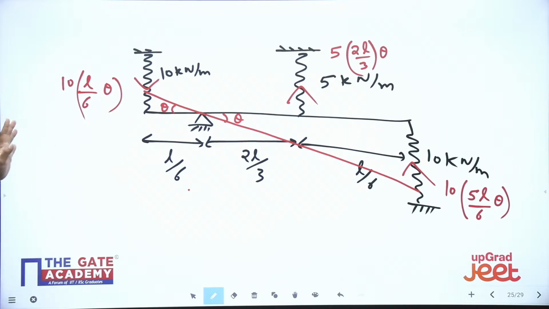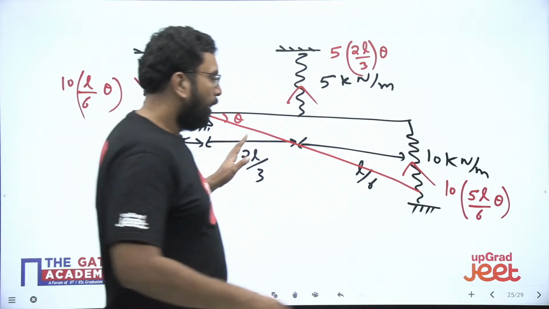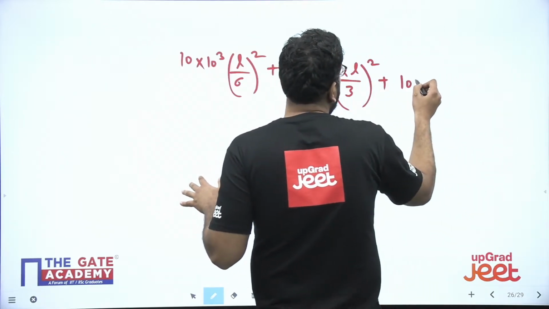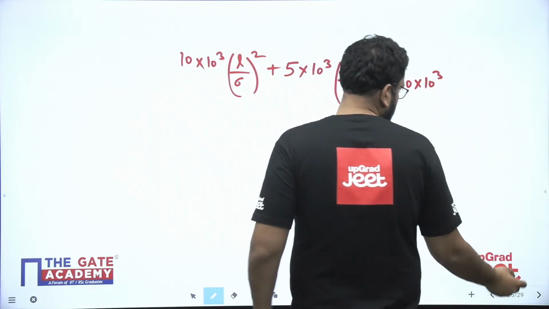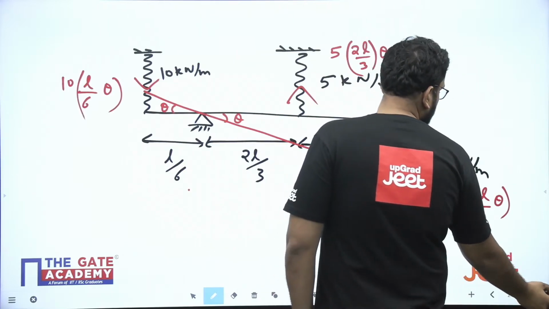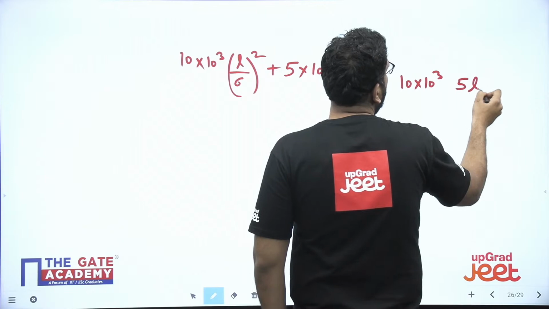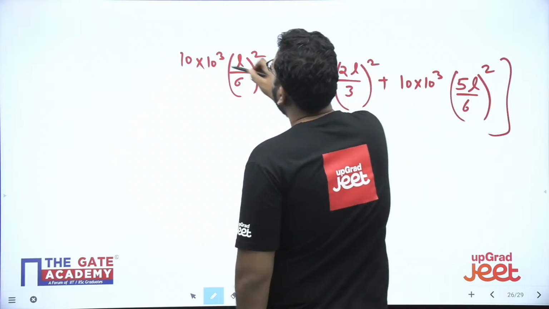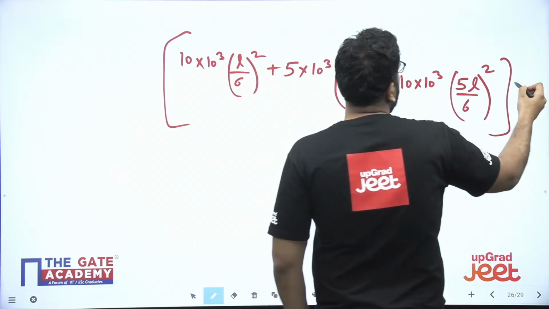It is always the case: whenever you see a case of vibration, all the moments will be in the same direction only. So we are having 10 into 10 to the power 3 into 5L by 6 whole squared, all multiplied to theta.